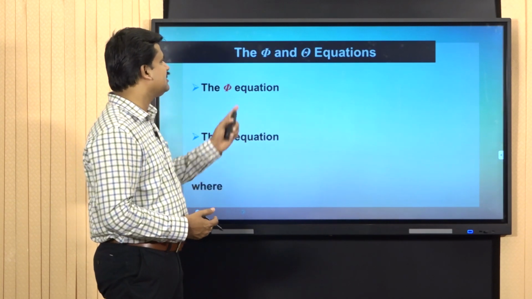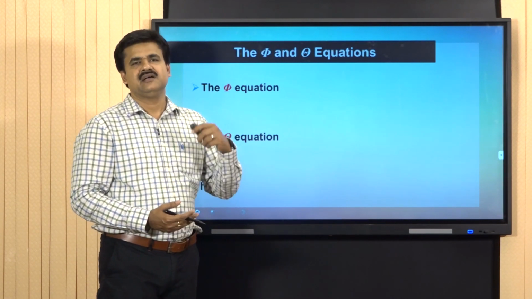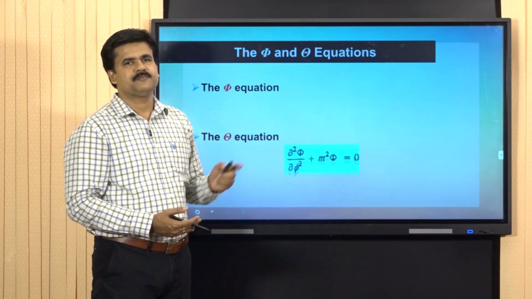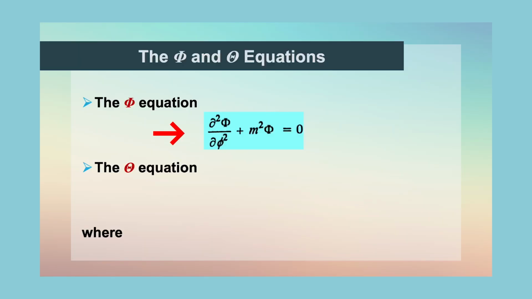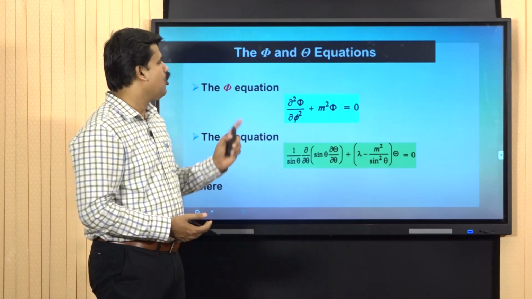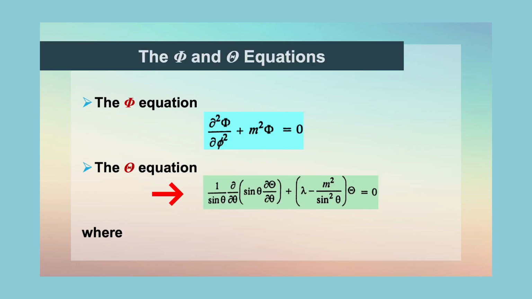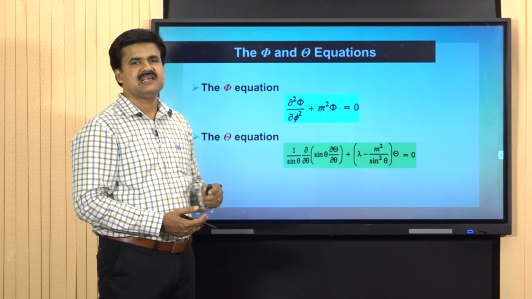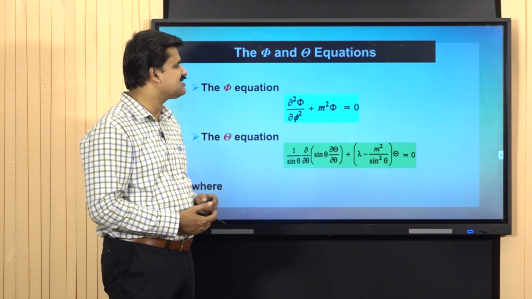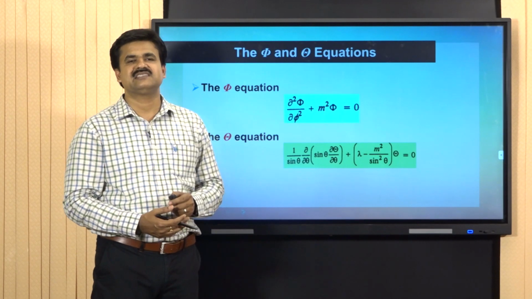Thus, we get the phi equation of the rigid rotator as dou square phi by dou phi square plus m square phi is equal to 0, and the theta equation as 1 by sin theta into dou by dou theta of sin theta into dou capital theta by dou small theta plus lambda minus m square by sin square theta into theta of theta is equal to 0.